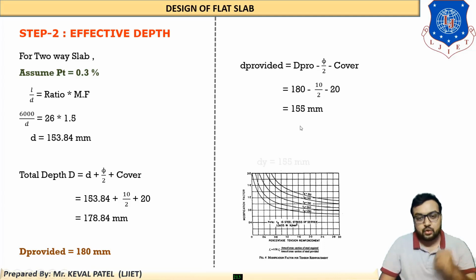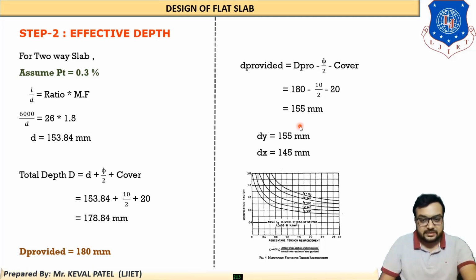So we will get two answers. First one is dy, because we get this answer with the help of Ly. And in a standard or general slab, one-way slab or two-way slab, whenever we provide our Lx value over here, then this is our dx.